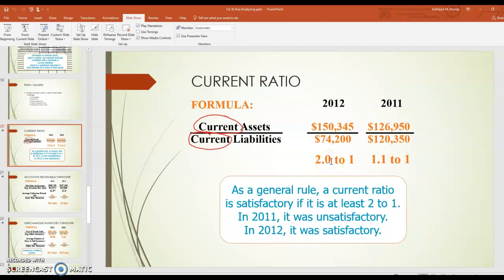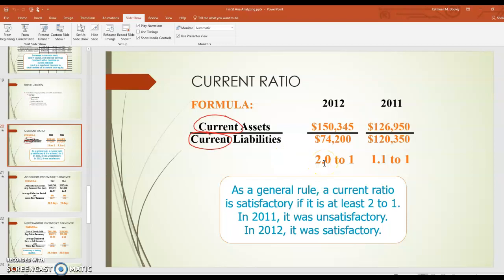And we put it in a ratio format by using the words 2 to 1, or we can put a colon, 2.0 colon 1, but that would read the same way, 2.0 to 1. And the 2.0 relates to the numerator. So that tells me that there's $2 of current assets to every $1 of current liabilities.